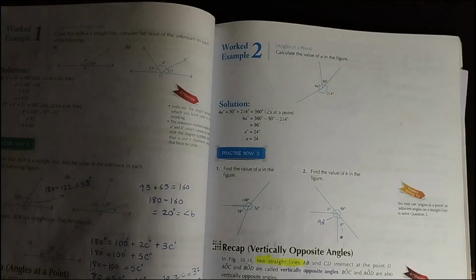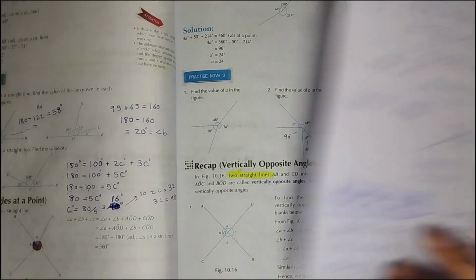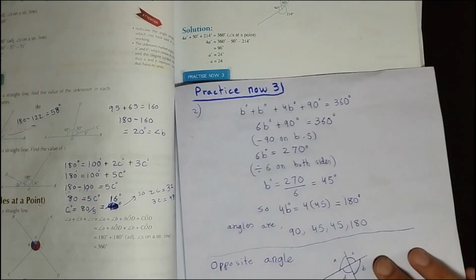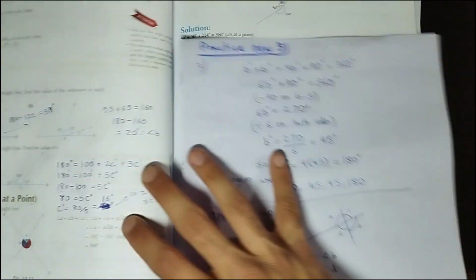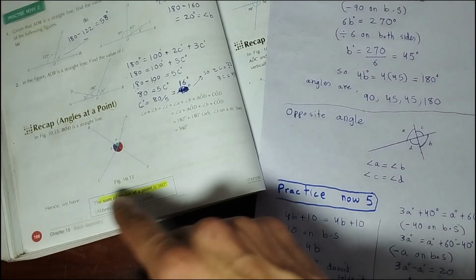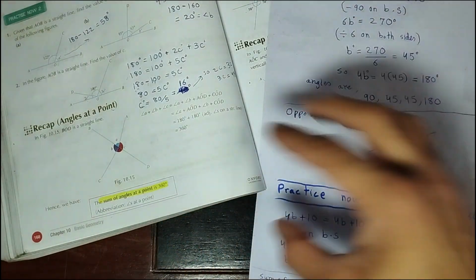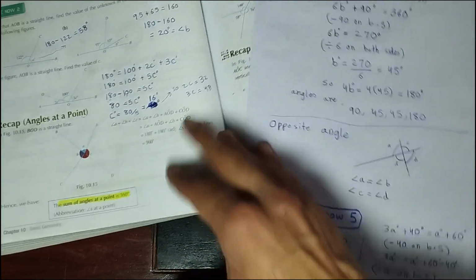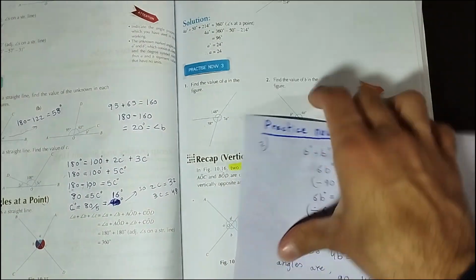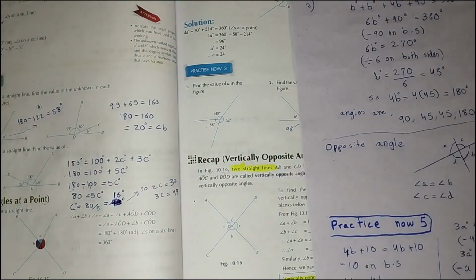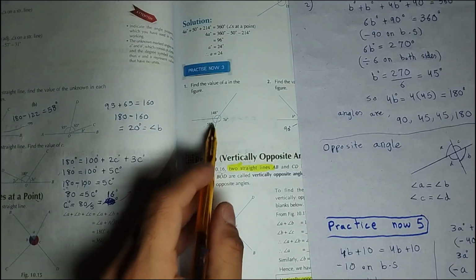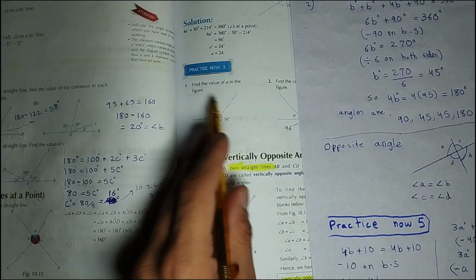Similarly, I did practice 3 here so that we can understand it more properly. What does this mean? The sum of angles at a point is 360. To understand it in greater detail, I did this practice here. Now I'm going to explain it. First of all, take a look at this. We have how many angles? We have 3 angles.